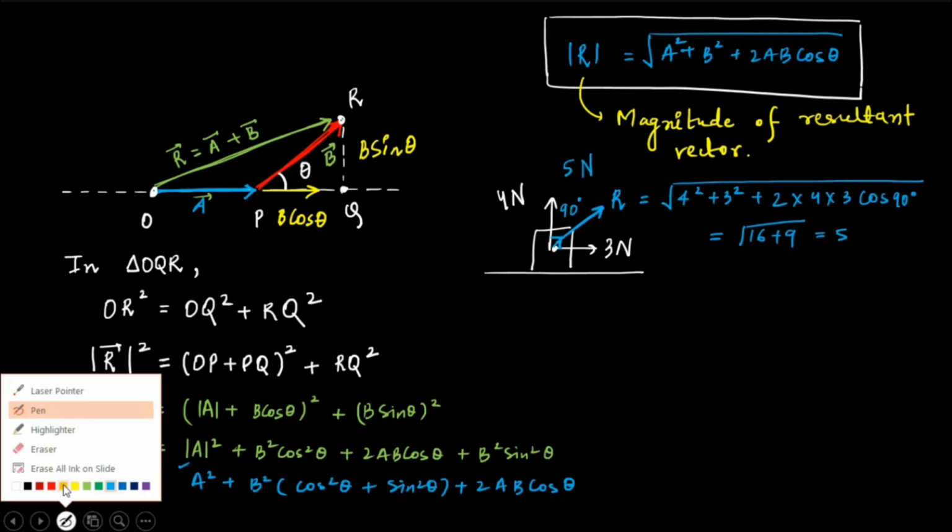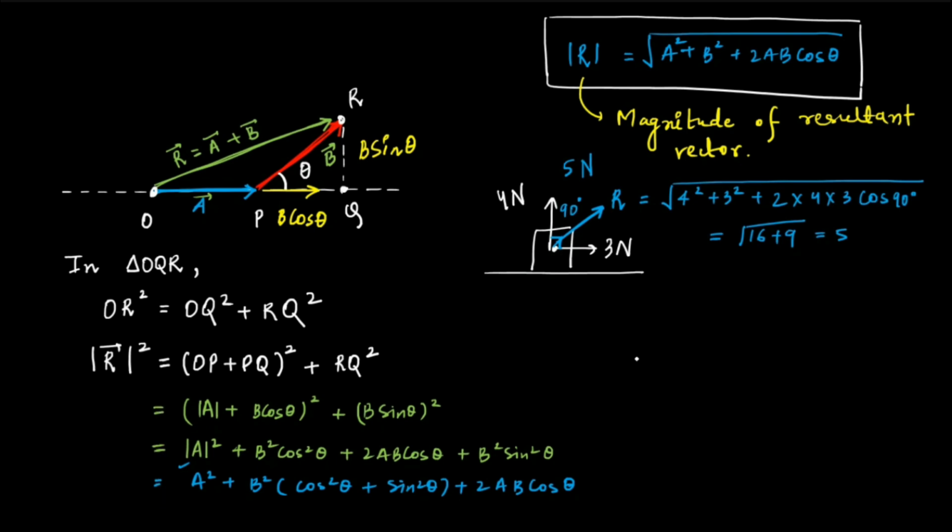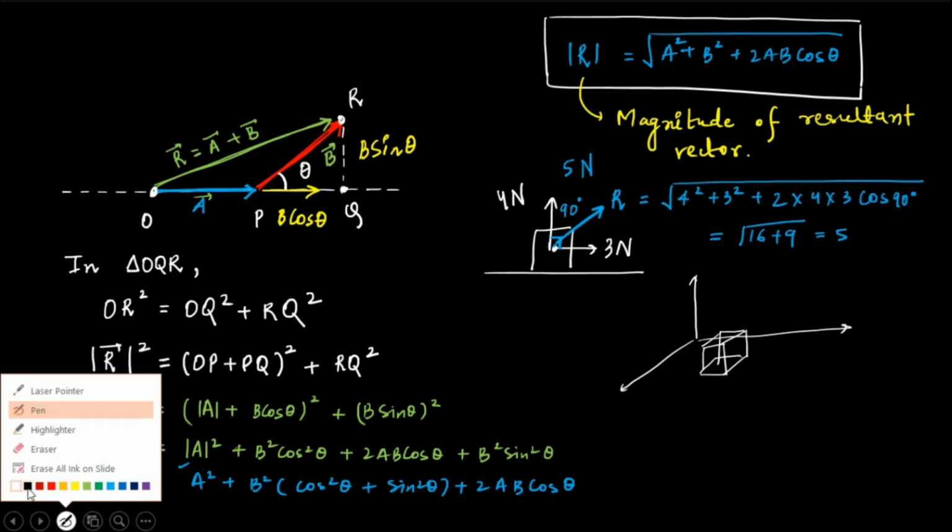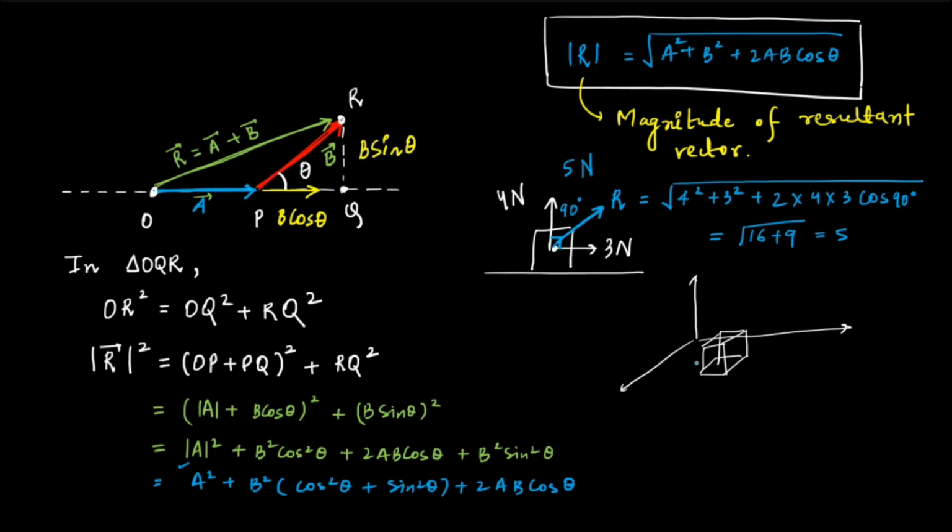If I want to represent the same thing on a 3D plane, it is going to be a little complicated, but let me try. Like there's a box kept here, and you just moved this box by 3 newtons force in this direction and 4 newtons force in this direction.